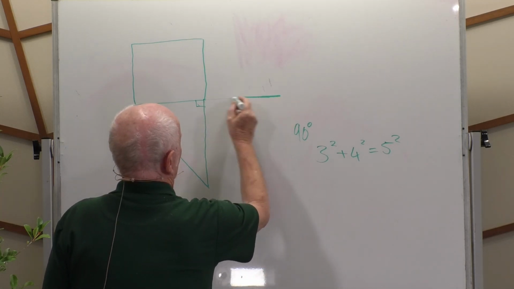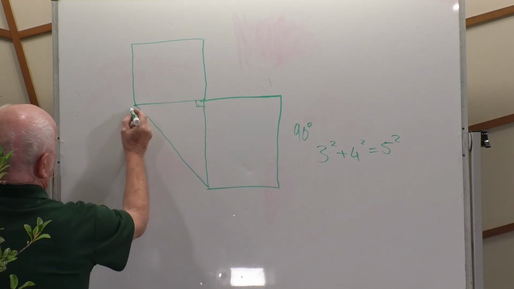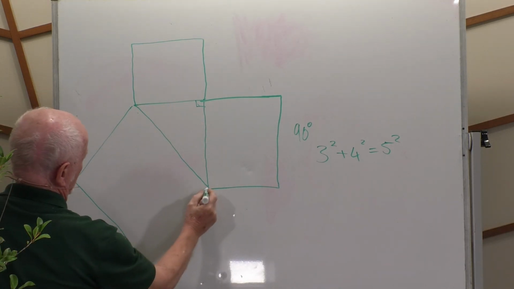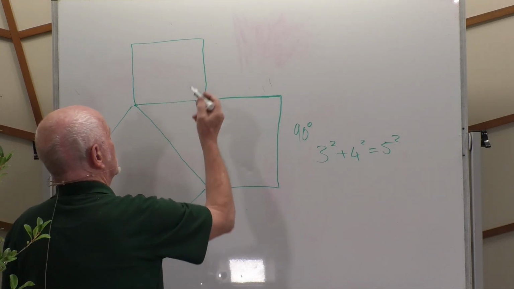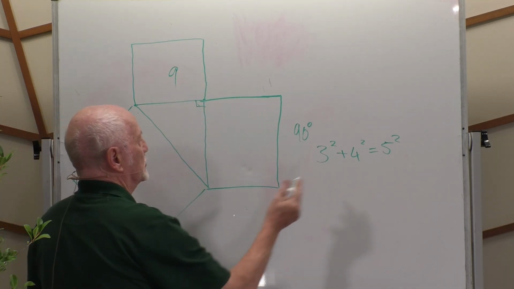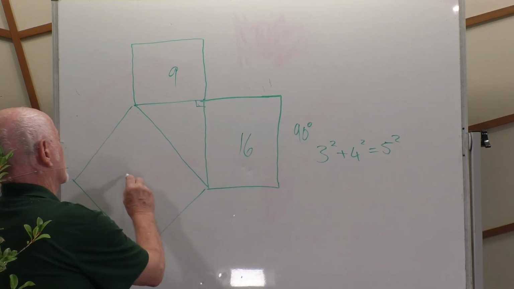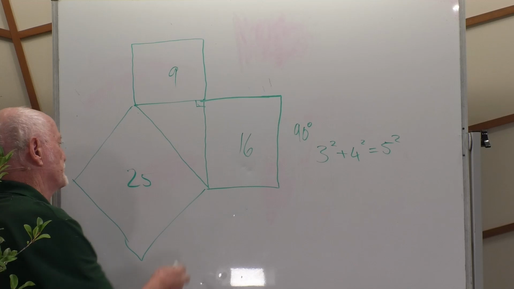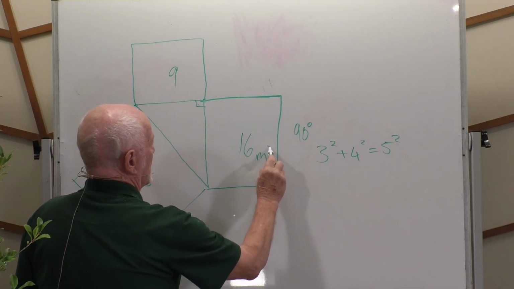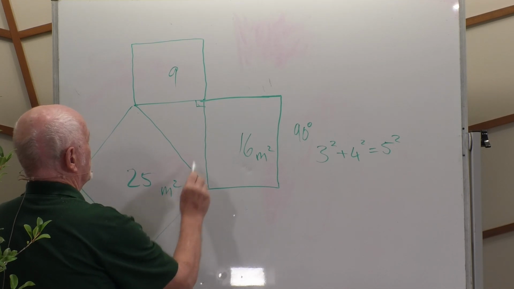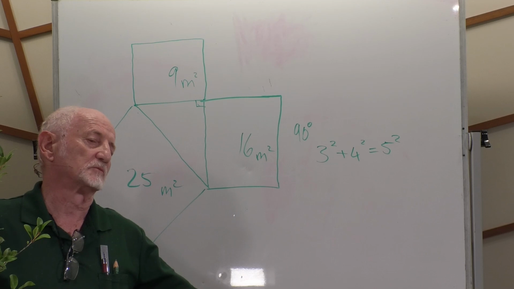That is 4 times 4. And that, see, get that right, is 5 times 5. So 3 squared, 3 threes are 9, 4 fours are 16, 5 fives, 25. Right, so you've got 9 square metres, 16 square metres. So 16 and 9, 25.